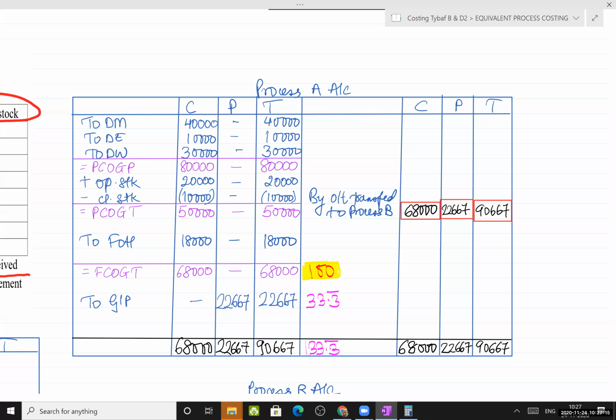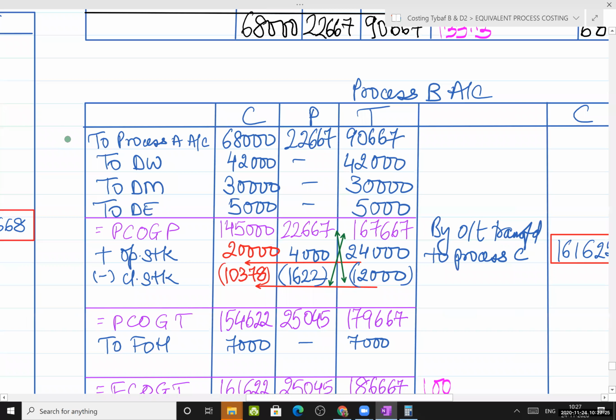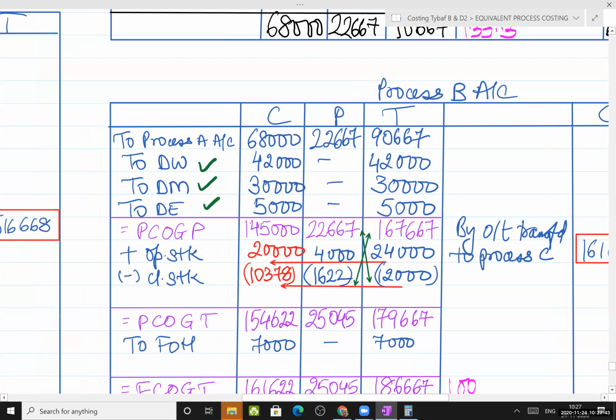Then come to process B. Same. First we will complete the debit side. See, वो जो output था process A का, देखो वो इधर बन जाएगा input. तो write to process A account. Same logic. Direct wages, direct material, direct expenses. You can go in any order. ठीक है? But बस prime cost होना चाहिए, इतना याद रखना.